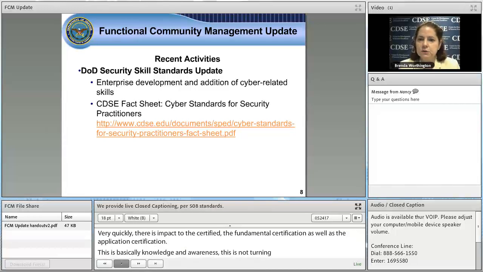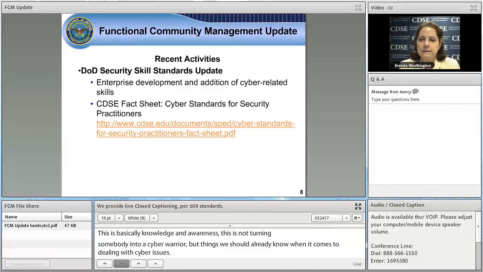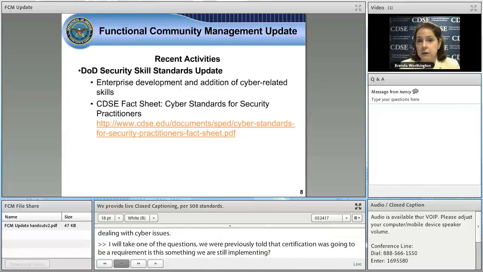So I will take one of these questions. We were previously told that SPeD certification was going to be a requirement. Is this still something that we are looking at having implemented? So yes, that's a great question. And for civilians, depending on where you're located, that already is a requirement in some position descriptions.